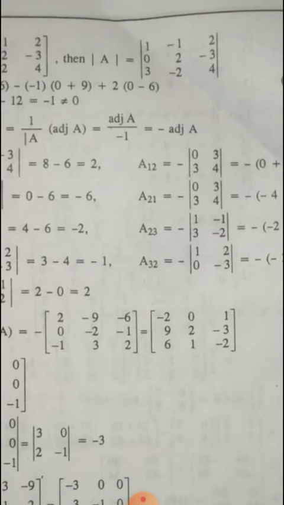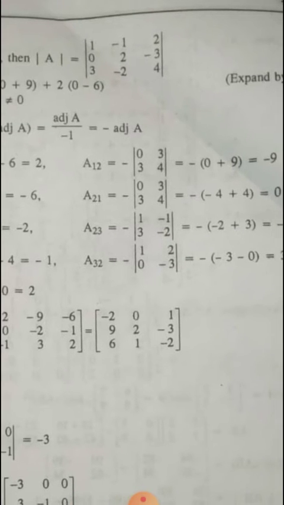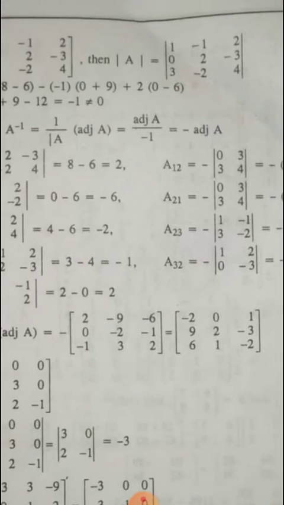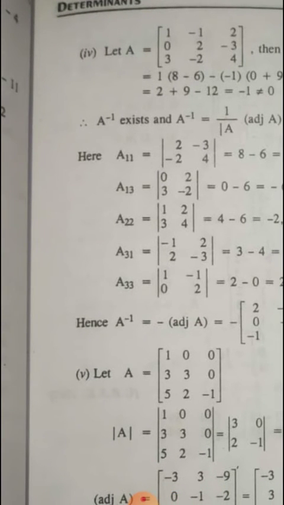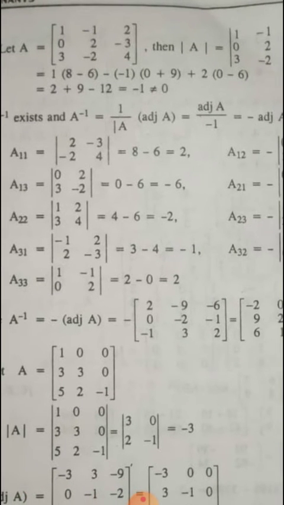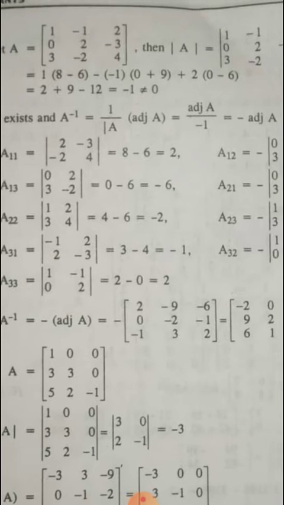In the same way A12, it is odd place, so a negative sign is taken before the cofactor, and this will be minus 9. Similarly A13, this is even place, so the cofactor will be positive [0 2; 3 -2]. 0 is multiplied with minus 2, and 3 is multiplied by 2, and after calculating we get minus 6.